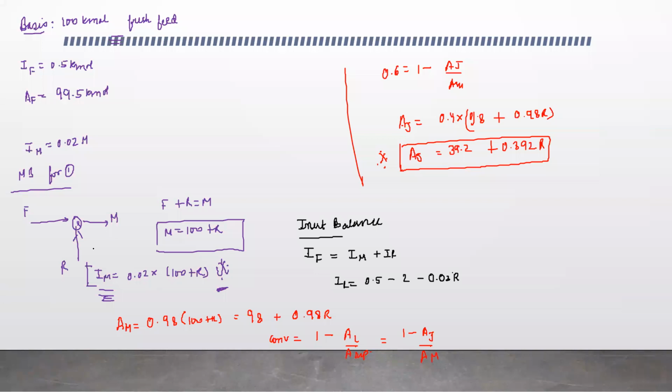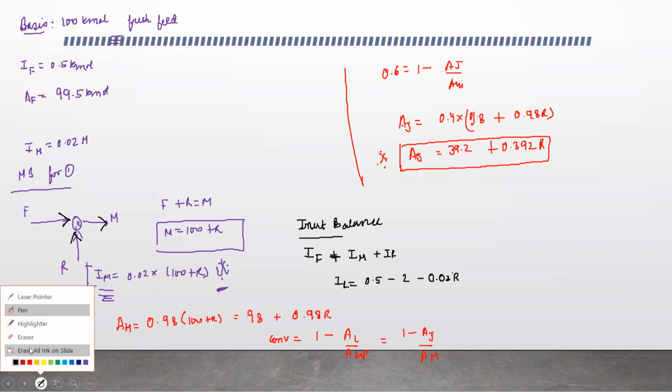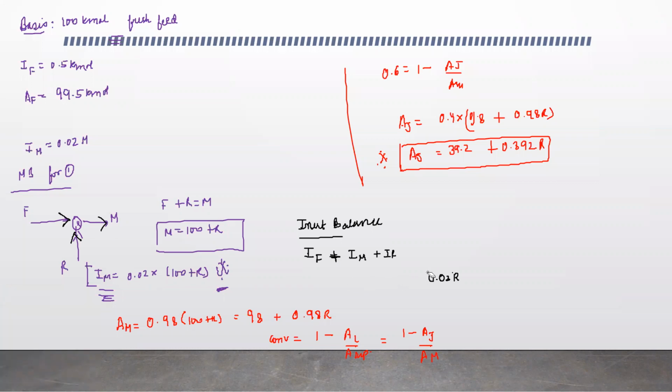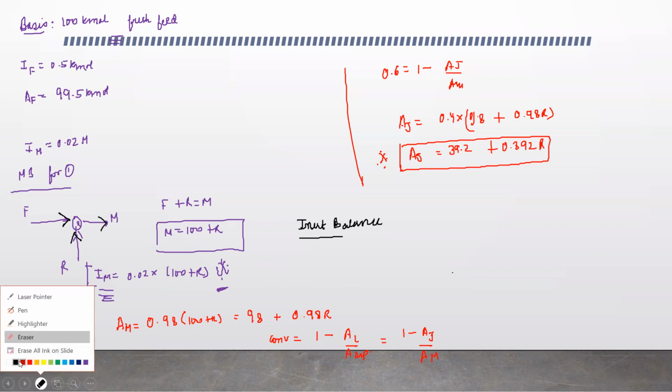Oh, 1 second. I'll write the equation again. At junction number 1, you have feed coming in, recycle stream coming in, and mixed stream coming out.